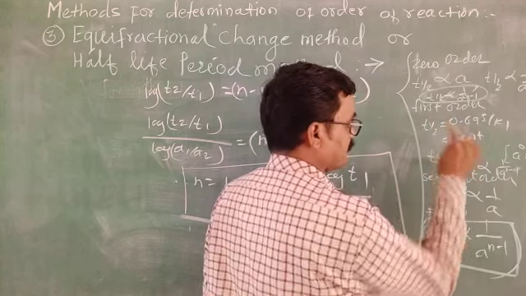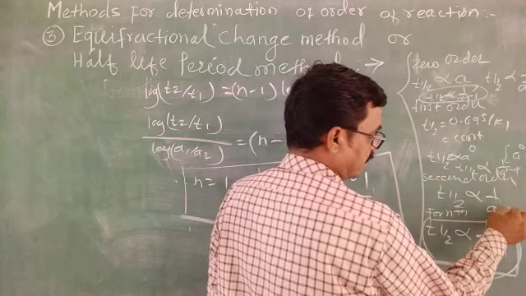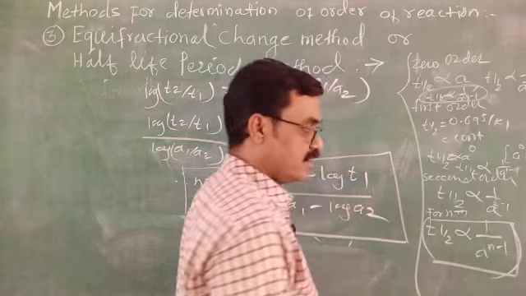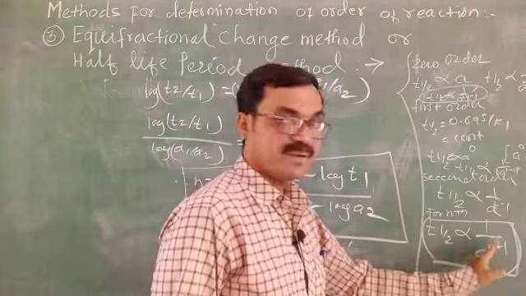For second order, this can be written as 2 minus 1. That's why for nth order, raised to power n minus 1.